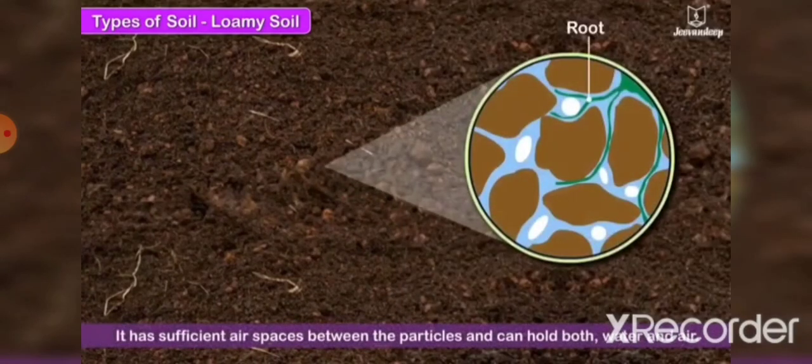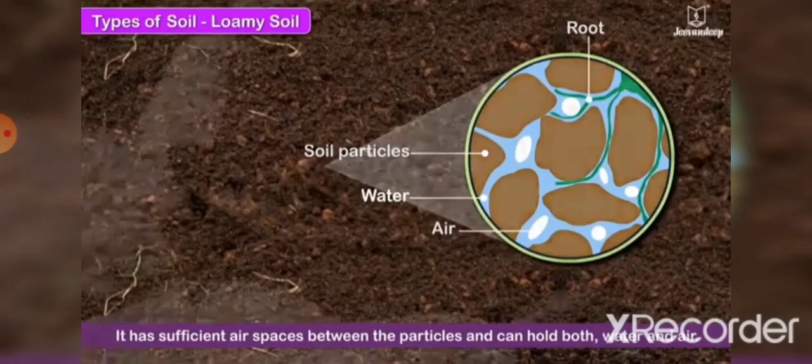It has sufficient air spaces between the particles and can hold both water and air. See, here you can see in the picture that there is proper space for water and proper space for air.